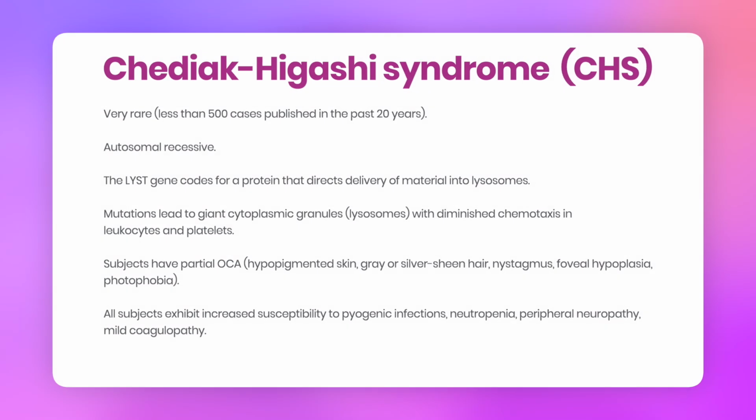Now, Chediak-Higashi, CHS, is very rare, with fewer than 500 cases published in the literature. It is also autosomal recessive, caused by the LYST gene. These mutations lead to giant cytoplasmic granules in the lysosomes, so you have diminished chemotaxis in your leukocytes and platelets. They present with partial oculocutaneous albinism, with hypopigmented skin, a gray or silvery sheen to the hair, and the associated nystagmus, foveal hypoplasia, and photophobia that are common in OCA.